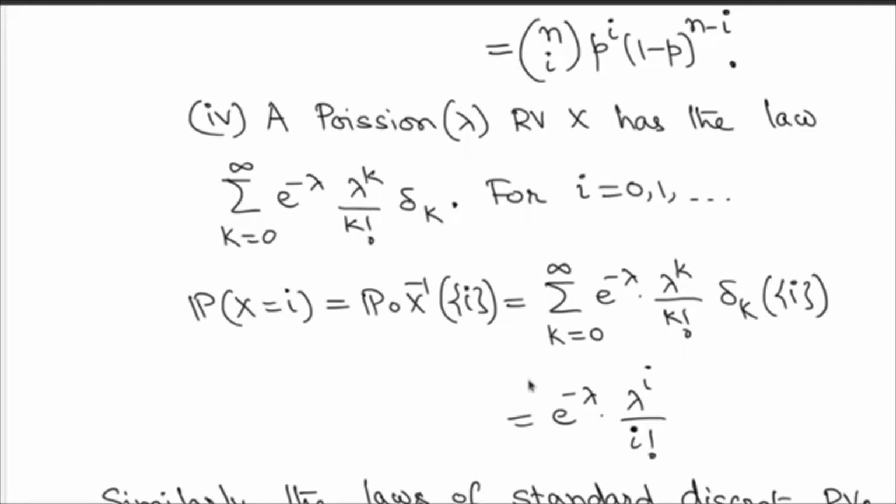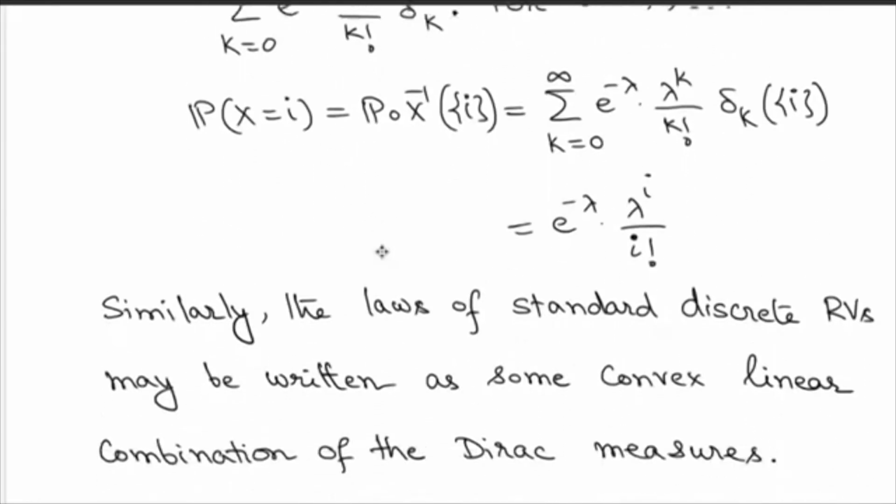Okay, so now we are going to identify all these random variables through their law, and these discrete random variables have their law given by some appropriate convex linear combination of the Dirac masses. Okay, so all those familiar random variables are now very clear. They are appearing through these specific convex linear combinations of the Dirac masses.